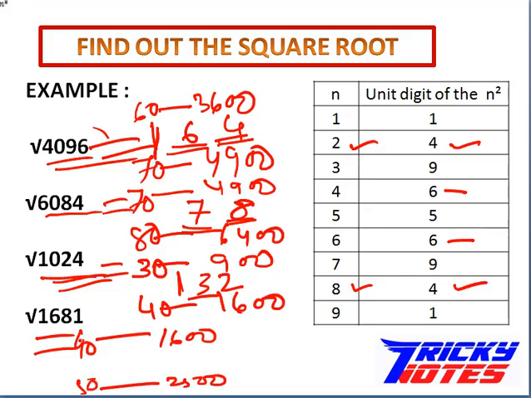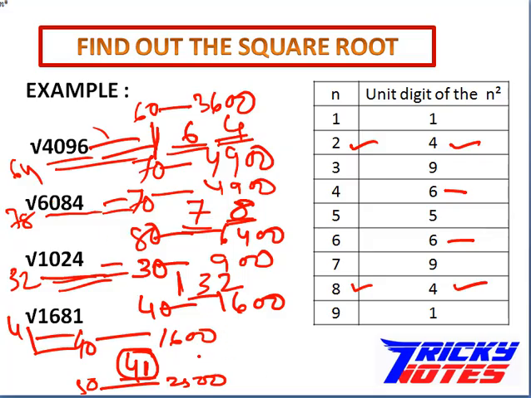So this number is in between, and the first digit is obviously 4. Now this is nearer to 1600, only 81 difference. The unit digit is 1, so it can be 1 or 9. Of course, it is 1. So the number is 41. So this is the square of 41, this is the square of 32, this is the square of 78, and this is the square of 64.